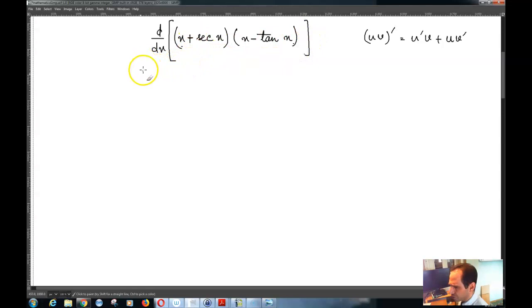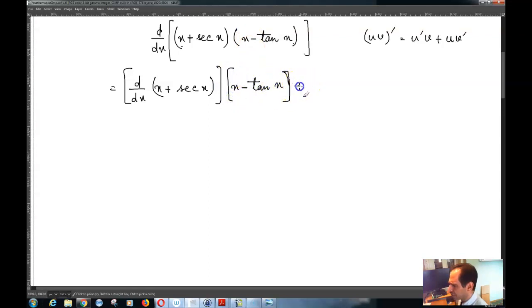So that is equal to d by dx of basically x plus secant x times x minus tan x, plus x plus secant x times d by dx of x minus tan x.